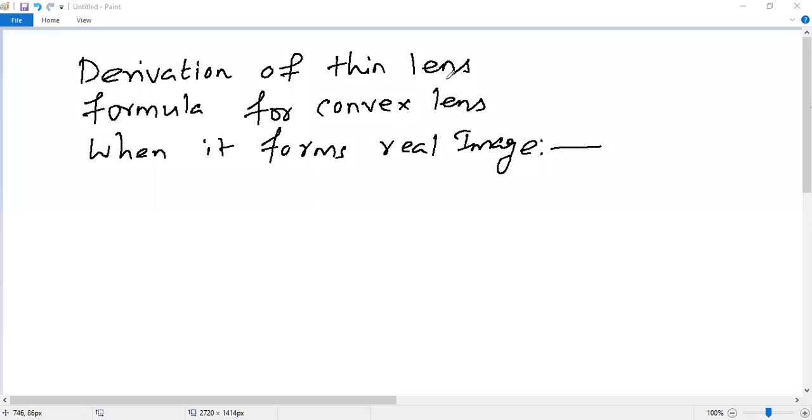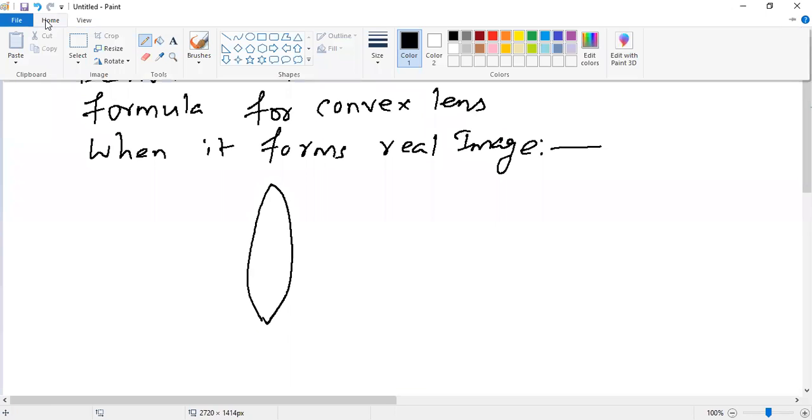The relationship between image distance, object distance, and focal length: 1 by v minus 1 by u is equal to 1 by f. Very good. Now we can prove this formula with the derivation method using a convex lens and a real image.